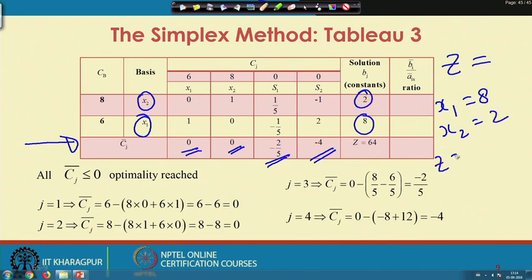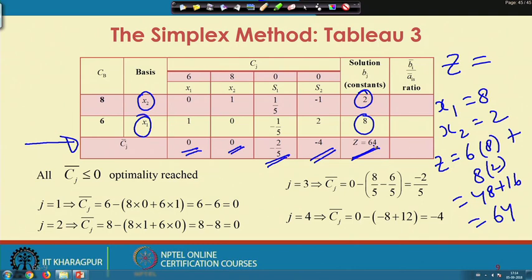So, Z equal to 6 into 8 plus 8 into 2, so 48 plus 16 is equal to 64. So, now there is no need to compute the minimum ratio because we have already reached optimality. So, the optimal solution is x1 equal to 8, x2 equal to 2 and z equal to 64.